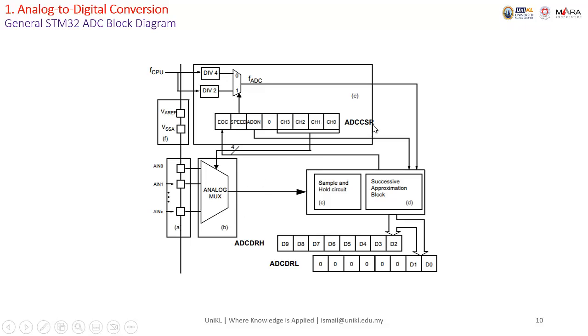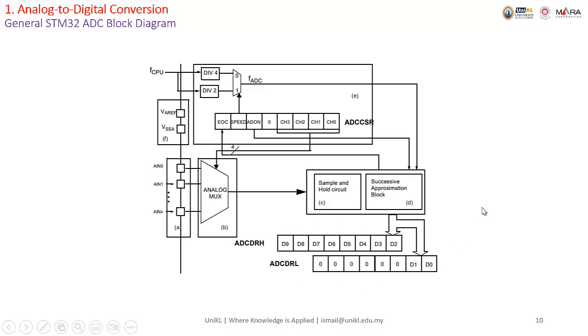Here we have ADC CSR that is being used to select which analog channel we are going to read. And then from here we have VREF, the analog reference, VSS, and so on. Inside here we have a successive approximation block and a sample and hold circuit. So we feed the signal to sample and hold, and then feed to the SAR, and then we get the result.